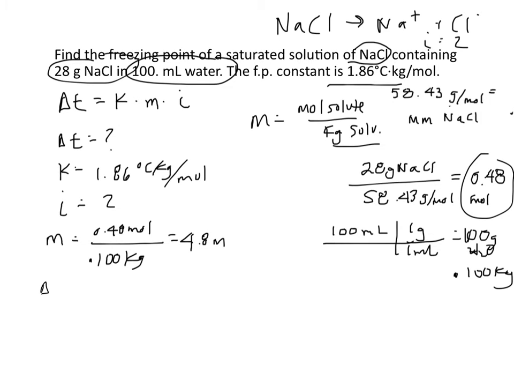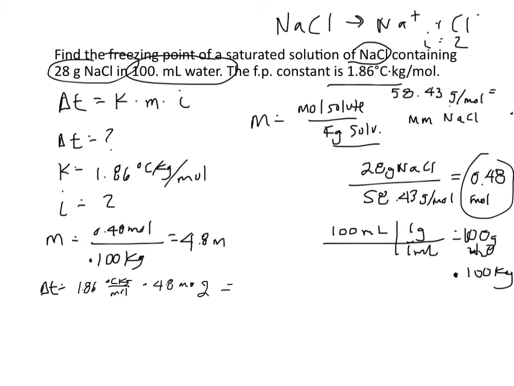Delta T is going to be equal to 1.86 times our 4.8 molal times our van't Hoff factor, which is 2.